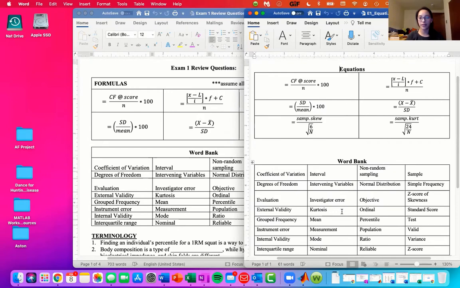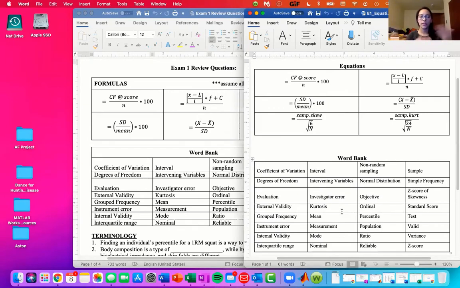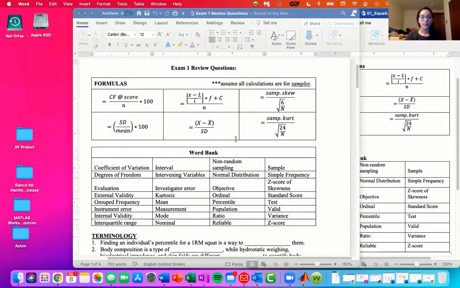That way you could always open it in a separate window if it's easier to keep track of stuff. So these are two resources. What they are here is exactly what's going to be on the exam. Okay, so remember I told you when I give you equations, I don't put what they're actually equal to, as in the variable you're solving for. So we'll go through these.